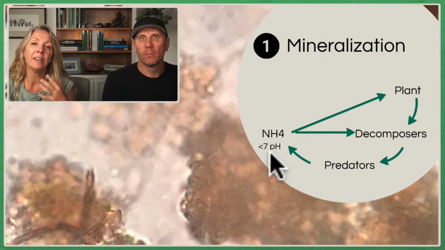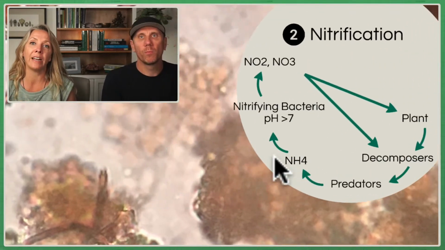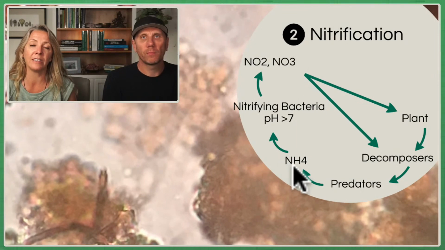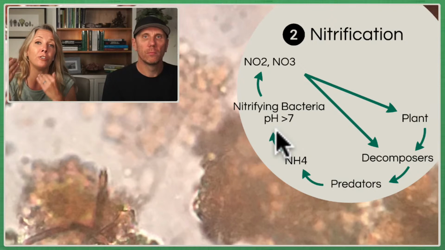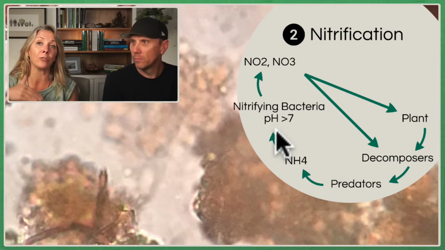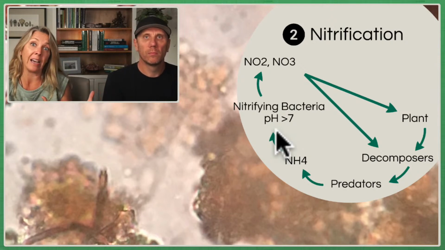Now, if we don't have enough fungi in the system to keep that pH below that 7 threshold, then we switch to nitrification. What happens is that this NH4 that gets released from this decomposer predator to prey interaction starts to wake up some of these nitrifying bacteria that start to do their job when the pH goes above 7. Remember, these bacteria make alkaline glues.